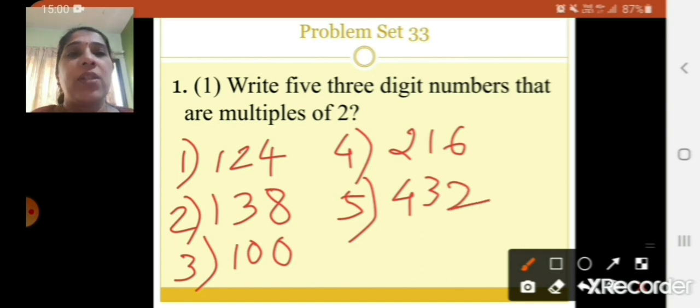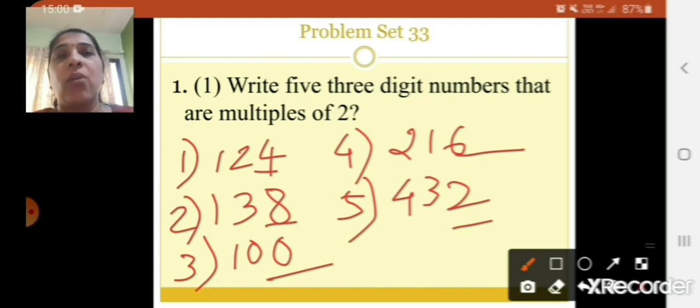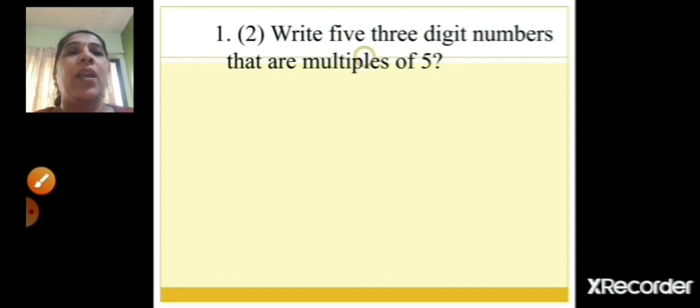So now if you see, children, these are the 5 numbers which are 3-digit numbers and they are multiples of 2. Directly you can see in the units place it is 4, 8, 0, 6 and 2. That means all these numbers are multiples of 2. They are divisible by 2. You need not carry out the division, right? So let's move to the second sum.